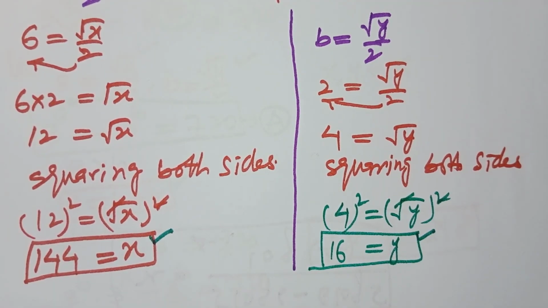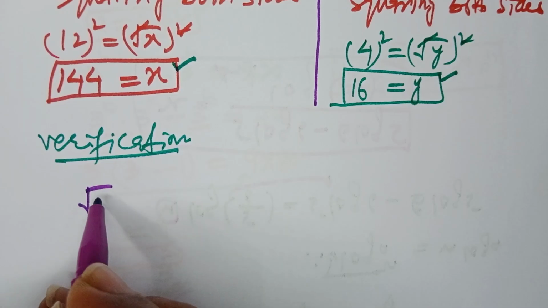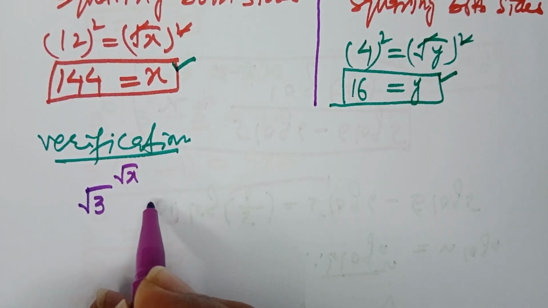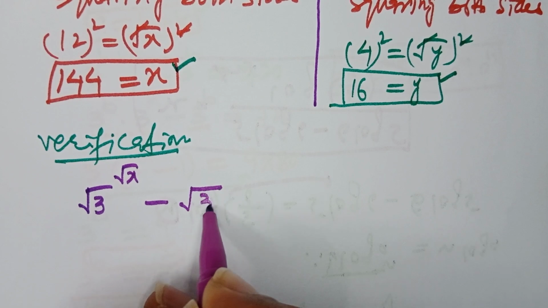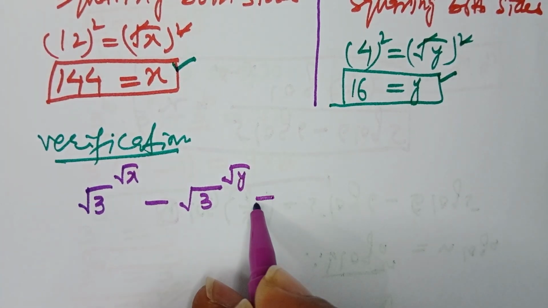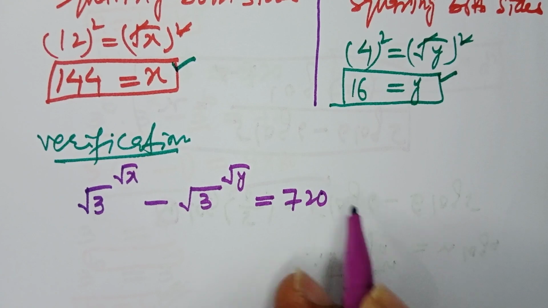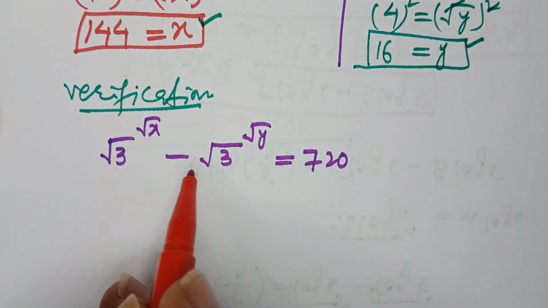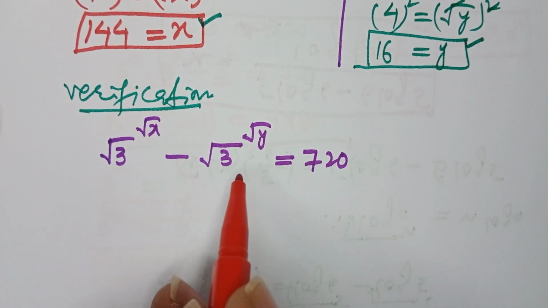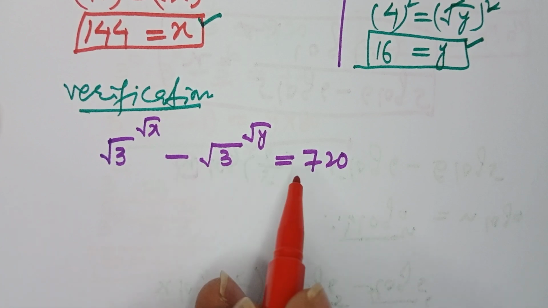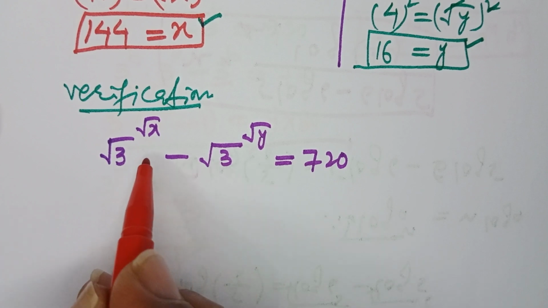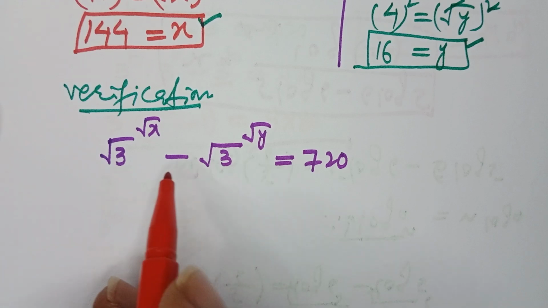So we can check whether these values are right or wrong. Square root of 3 power square root of x minus square root of 3 power square root of y is equal to 720. Now putting the values of x and y in the equation, both sides of the equation must be balanced. If both sides of the equation are balanced, it means the values of x and y are right.